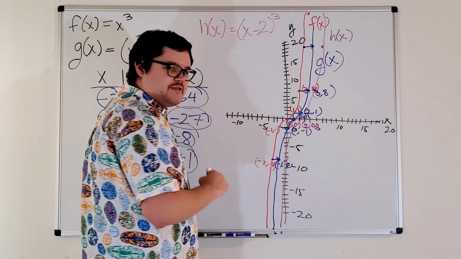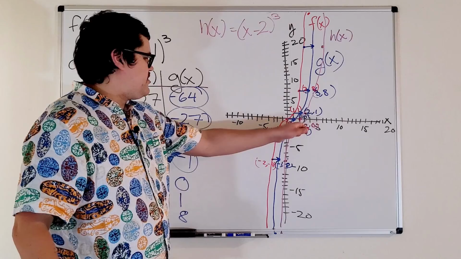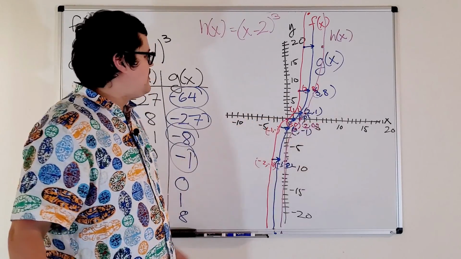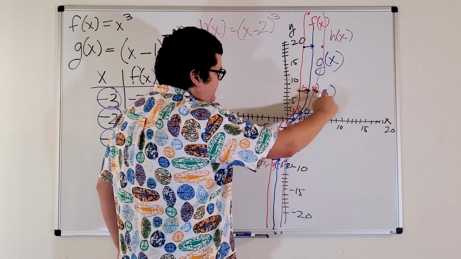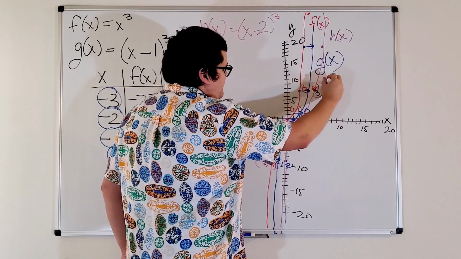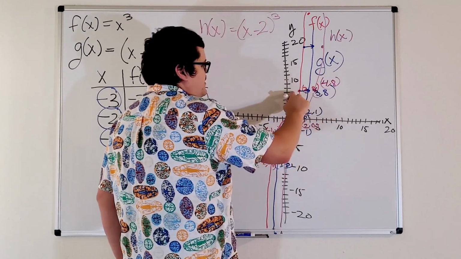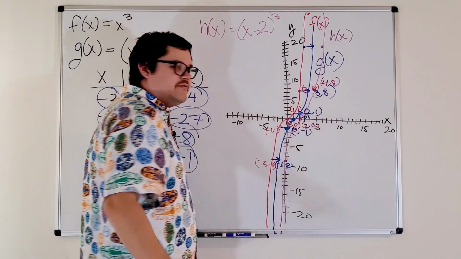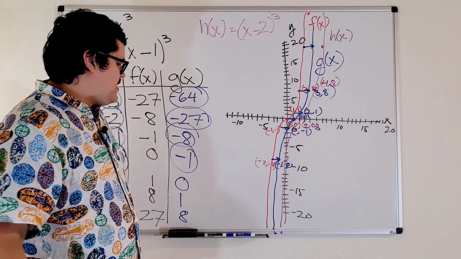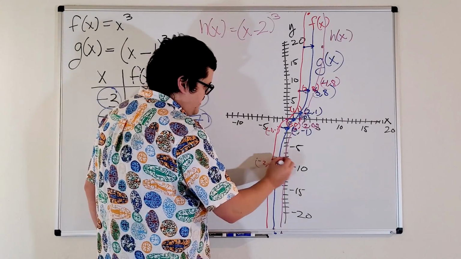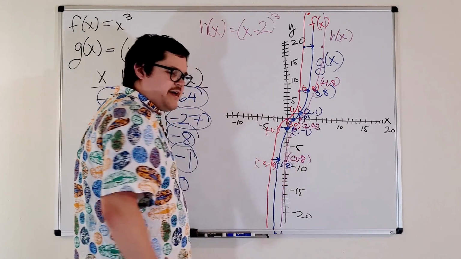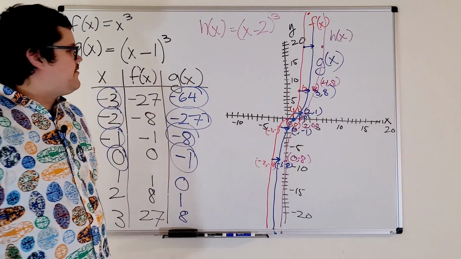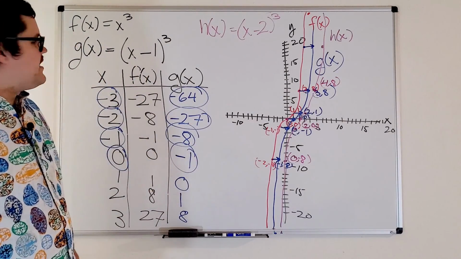Moving it right by 2 means we increase the x value by 2 and leave the y alone. If I take 2, 8 and move it right by 2, that would be 4, 8. And then this point, negative 2, negative 8, would be 0, negative 8. I add 2 to the x, leave the y alone. Okay, you get the idea.